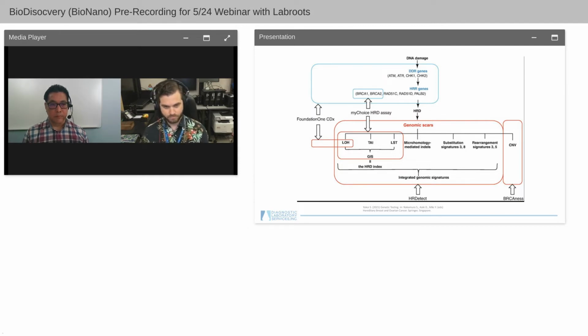Basically reported as a percentage. And another has a larger box of surveying loss of heterozygosity, LOH, telomeric allelic imbalance, TAI, and large state transitions or scale transitions, LSTs. We call that the genomic instability score. And we are going to reference that and percent LOH as we move through how our in-house validation compares to both.